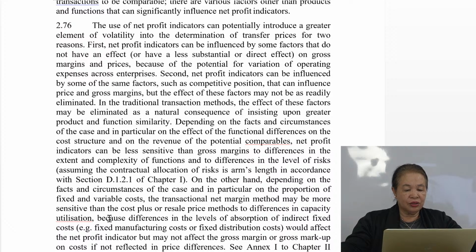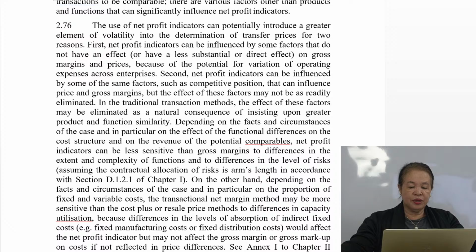So in the traditional transaction methods, the effect of these factors may be eliminated as a natural consequence of insisting upon greater product and function similarity, depending on the facts and circumstances of the case, and in particular on the effect of the functional differences on the cost structure and on the revenue of the potential comparables. So net profit indicators can be less sensitive than gross margin to differences in the extent and complexity of functions and to differences in the level of risk.